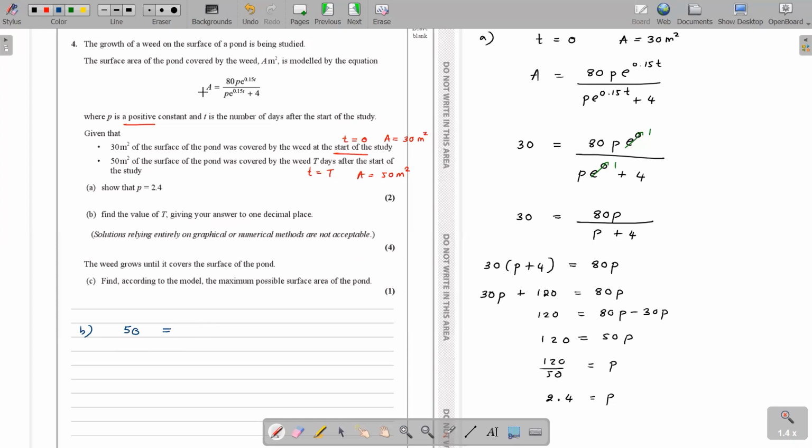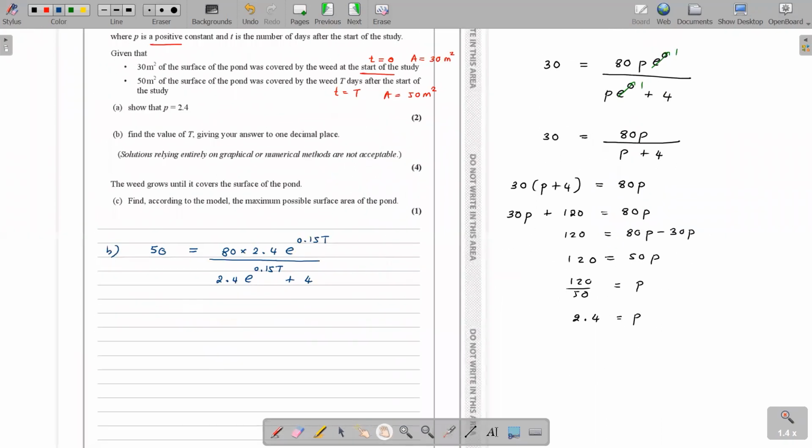So I replaced A with 50: 50 equals 80 times p, which is 2.4, times e to the power 0.15 capital T, right? I replace the small t with capital T, divided by p, again 2.4, times e to the power 0.15T plus 4. Okay, are you with me? So now we need to make T the subject. How do I make T the subject?